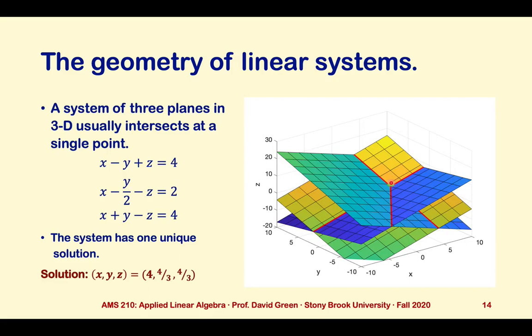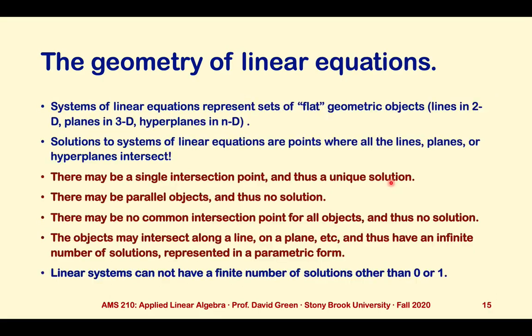All right. So that's a couple of examples in 3D to start to give you a feeling for what it means to be a system of equations in 3D and the sorts of solutions we have. From these examples, we can generalize an intuition.